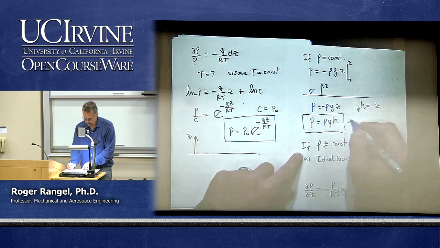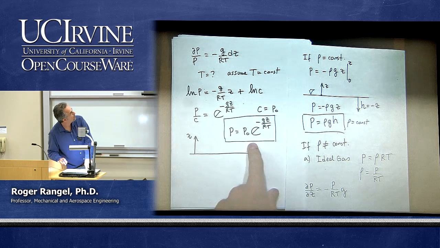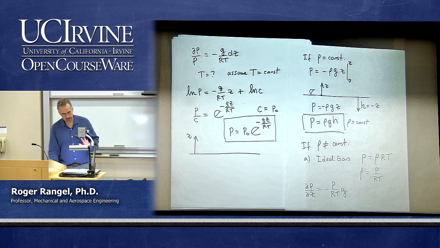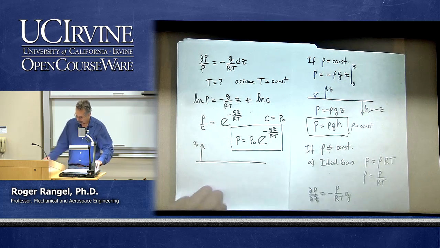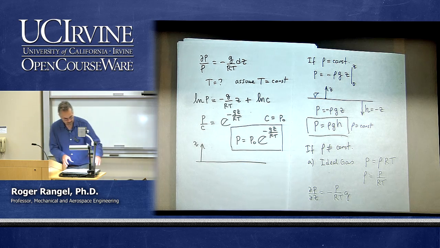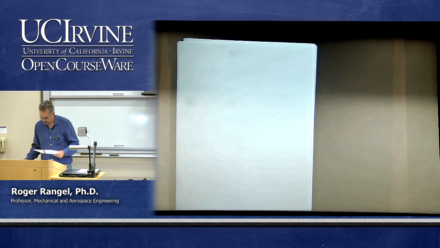So this is for rho equals constant. This is for rho obeying the ideal gas law with constant temperature. So those are two useful cases in which you can obtain a pressure distribution under hydrostatic conditions.